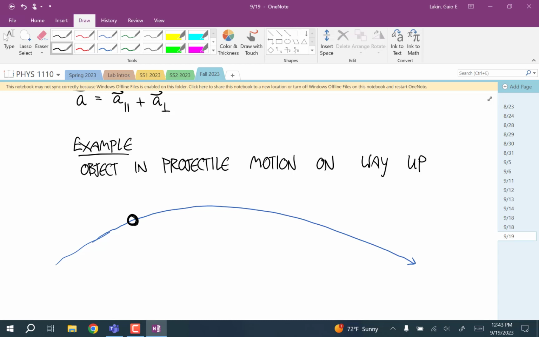So let's think about the acceleration of this. Well, projectile motion we already know a lot about. What's the direction of the acceleration when something's in projectile motion?